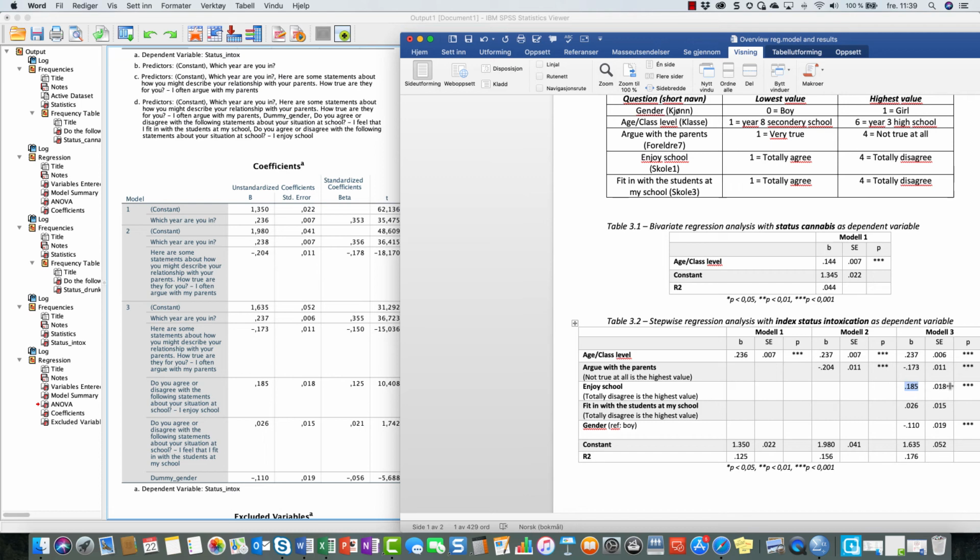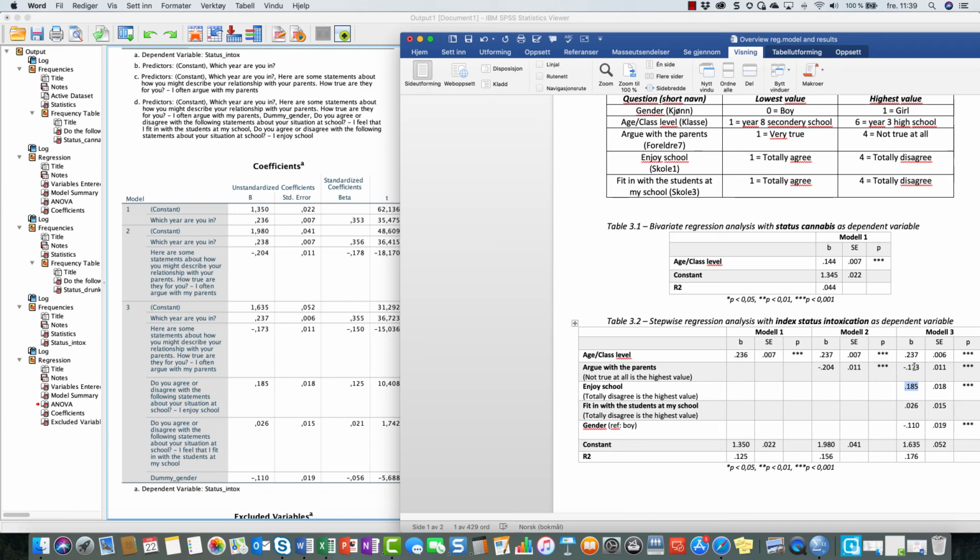And you can generalize it because it's significant. Meaning that those who don't enjoy school that much, because the highest value is that they totally disagree, say that it increases your social status to get intoxicated.